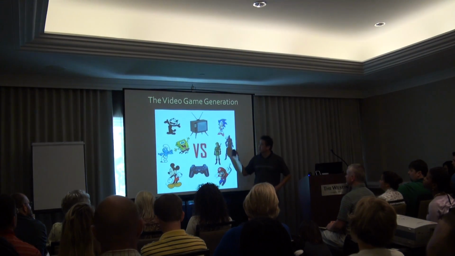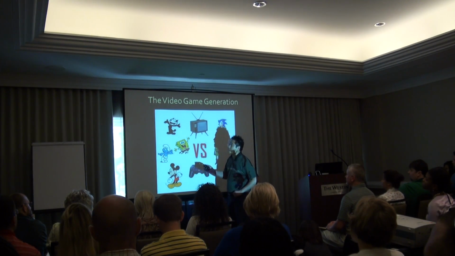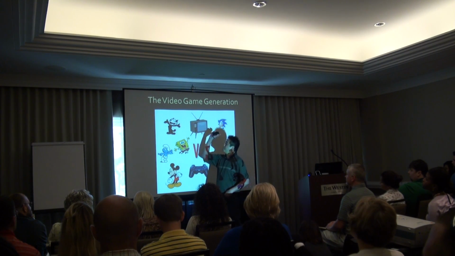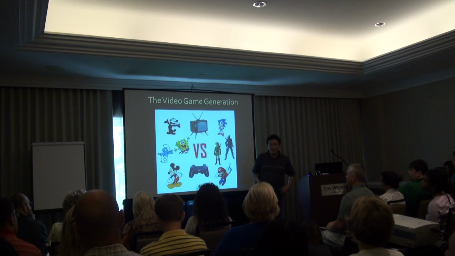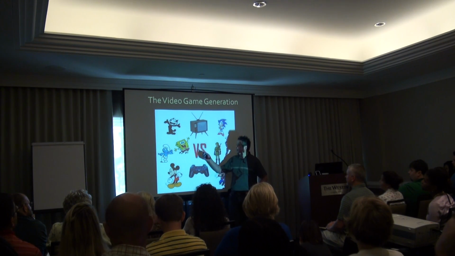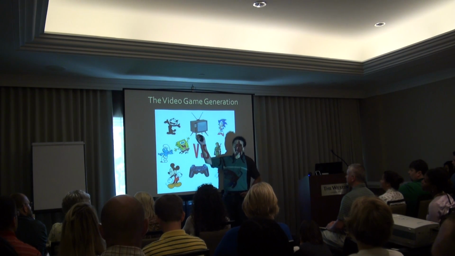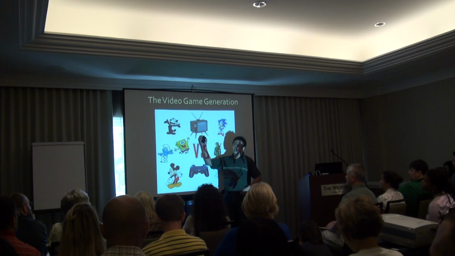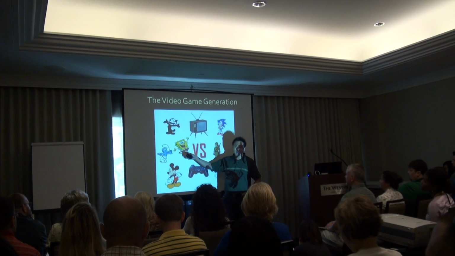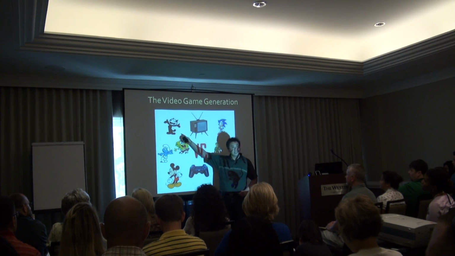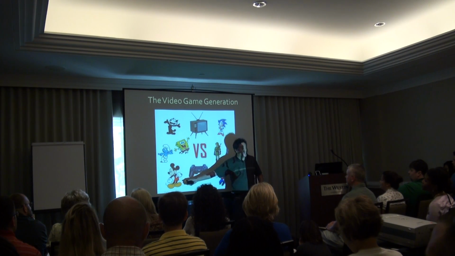All right, so this illustration is something that I like to point out about the video game generation, and this kind of speaks to how the kids learn. So you've got to think about it this way. Back in the day, we had television. We still have television, but television was primarily one of the only forms of entertainment for kids. So we had iconic characters such as Felix the Cat, the Smurfs, SpongeBob, and Mickey Mouse.